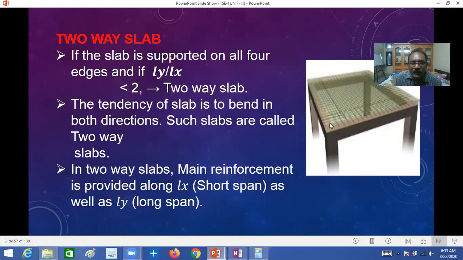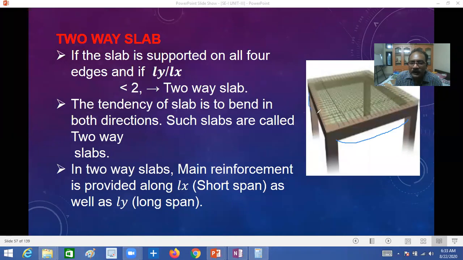Okay, what is the importance? The slab is bent in both directions. I will show you how. Suppose this is a beam, you will get deflection like this and like this. Both sides you will have deflection. This is the importance of the two-way slab.